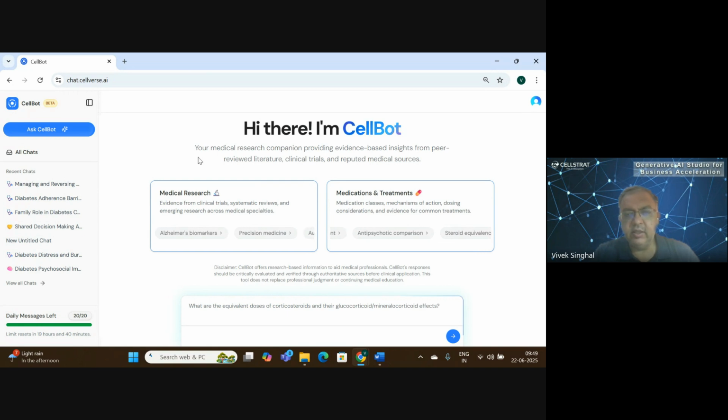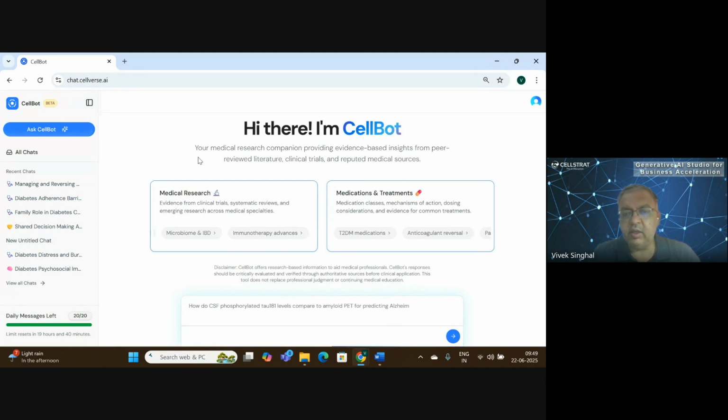And whether they are happy with the answers it's giving currently. So the first question is, what is CellBot? CellBot is a medical information bot, very similar to ChatGPT. The idea of CellBot is to create a specialized experience for medical professionals and medical students.